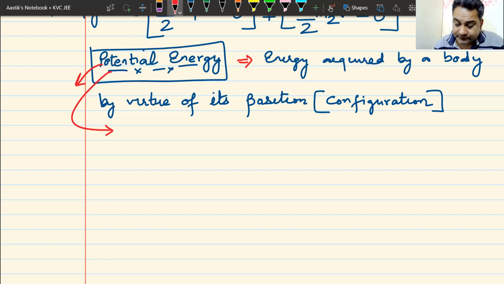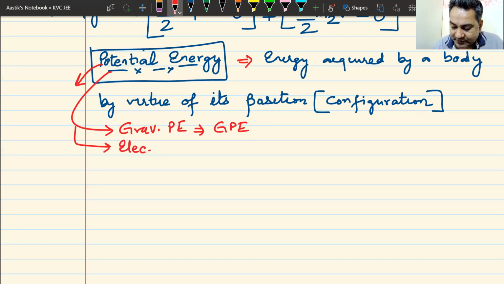I am sure we have learned about gravitational potential energy. Yes or no? Can I have some raised hands? We have learned about gravitational potential energy. In short, I can call it GPE. We might have also heard about electrostatic potential energy, energy acquired by a charge when it is placed in an electric field.